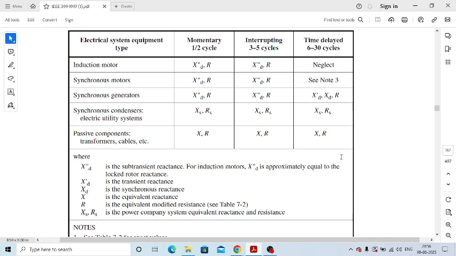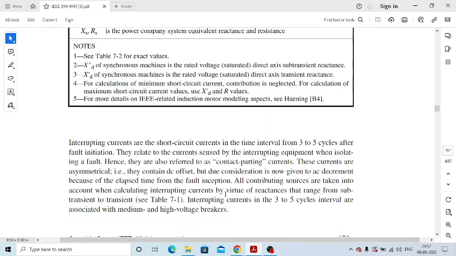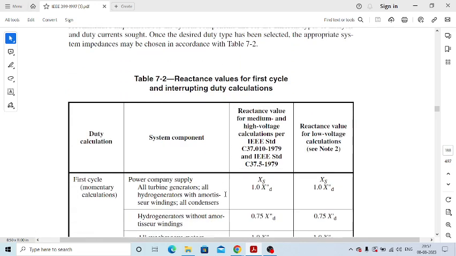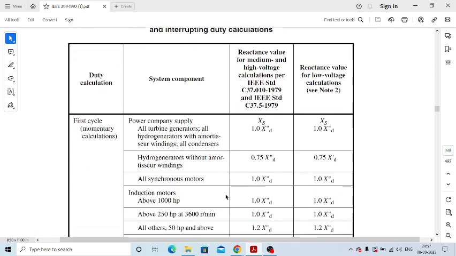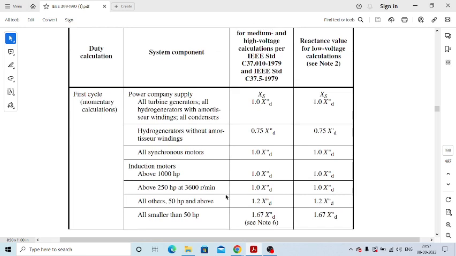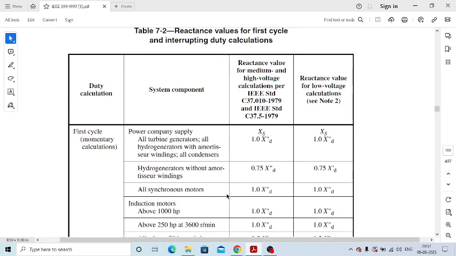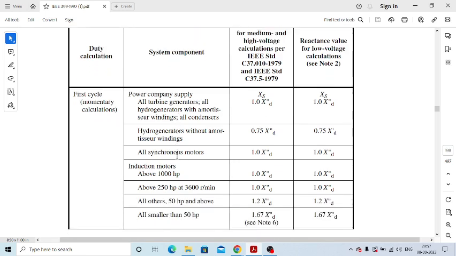So due to that, at the time of fault, the magnitude of the fault current is high. So that information you have to understand. And here the standard gives the reactance values for the different machines.